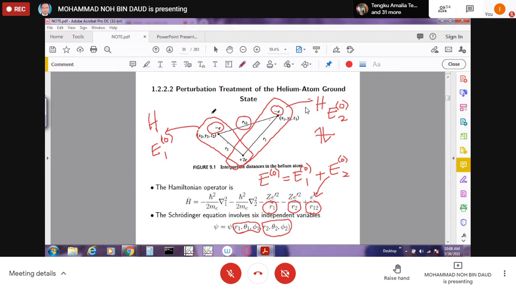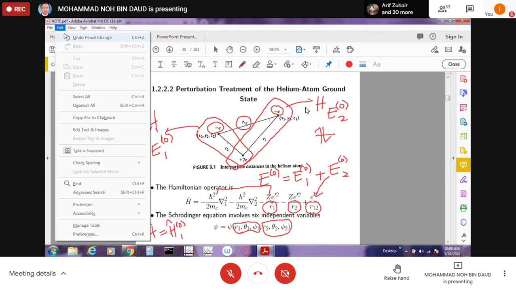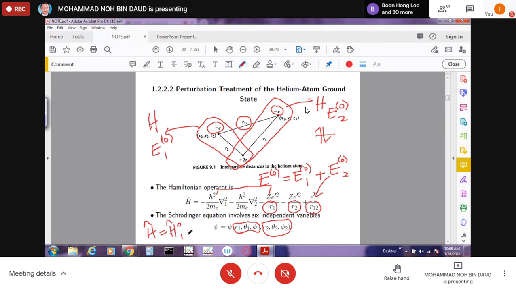you can prove this, because the Hamiltonian operator here is the sum of the zero order, the first Hamiltonian, the hydrogen-like or unperturbed Hamiltonian operator, plus the perturbation.